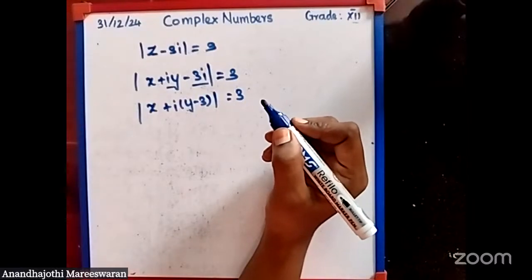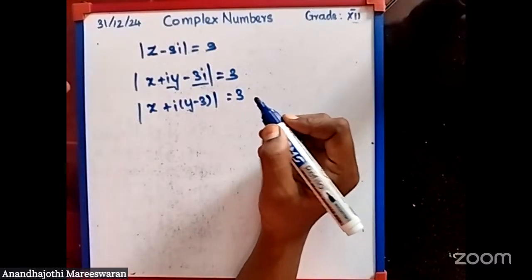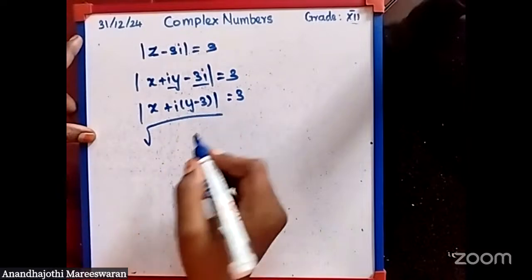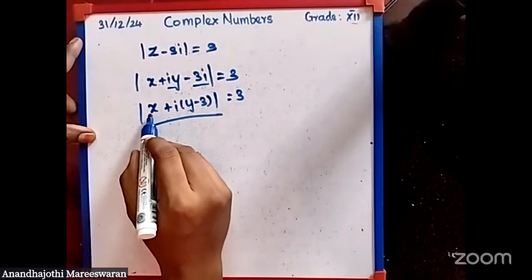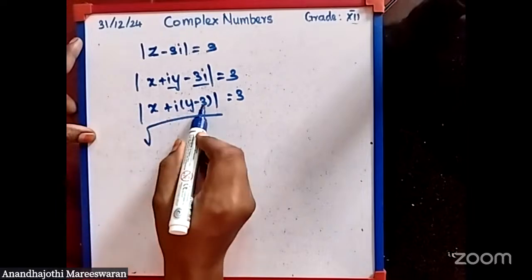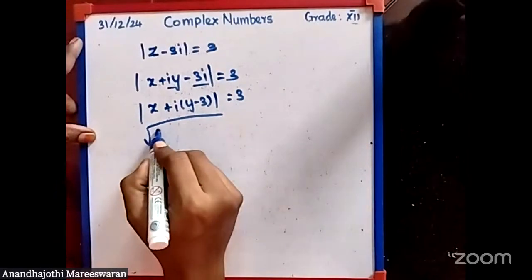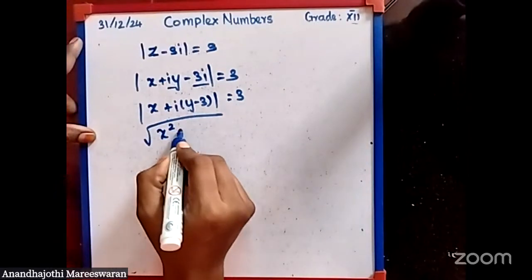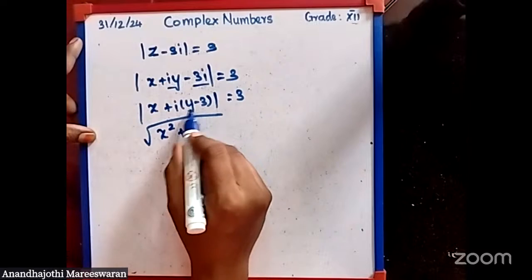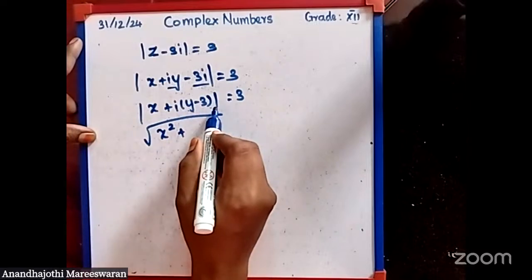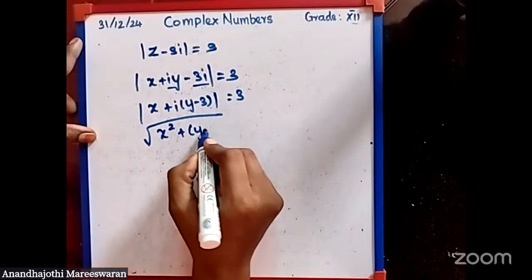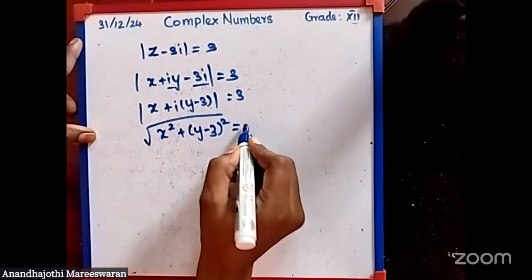For a complex number, the modulus is rewritten as the square root of the sum of the squares of the individual elements. So the square root of the real part squared, x squared, plus the imaginary part squared. Who is the imaginary part? y minus 3, the whole squared, equals 3.